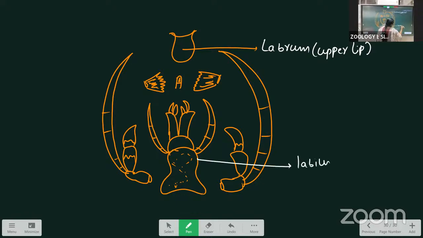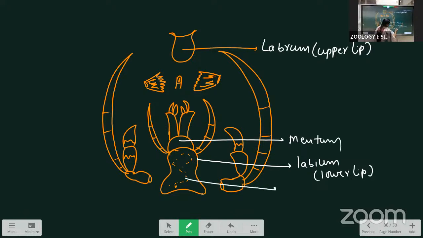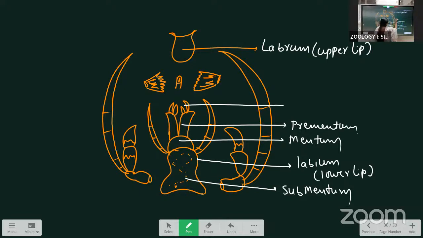Labium, lower lip, has three parts: mentum, submentum, prementum. Paraglossa on the outer side, glossa on the inner side. This is about the labium.